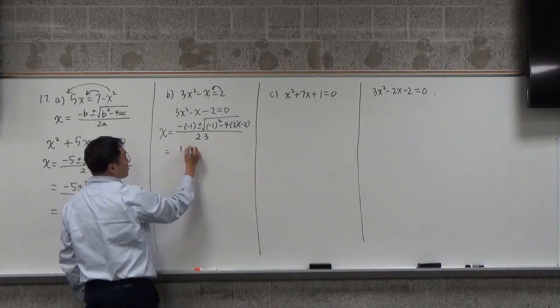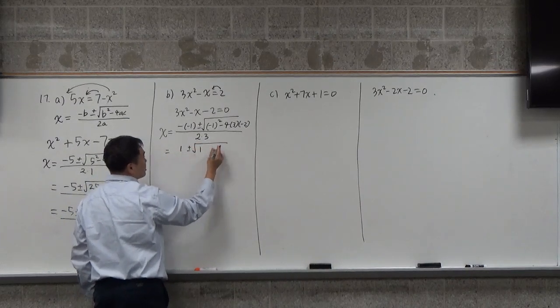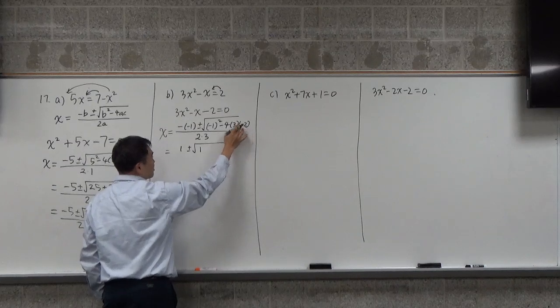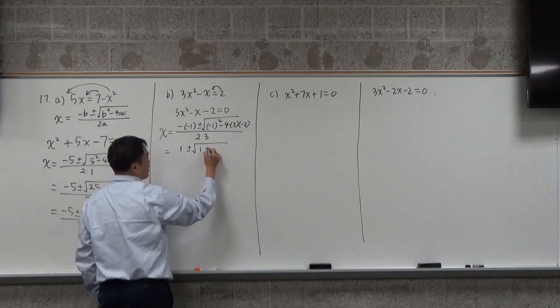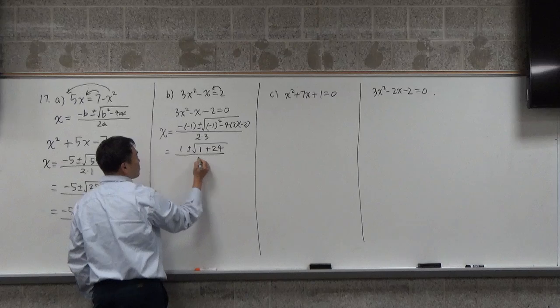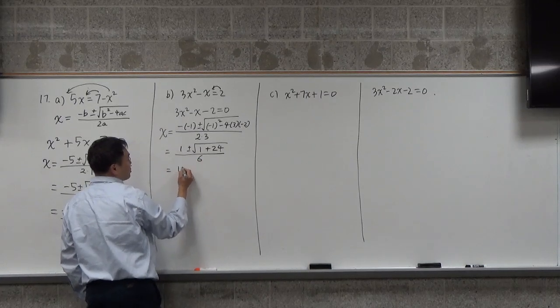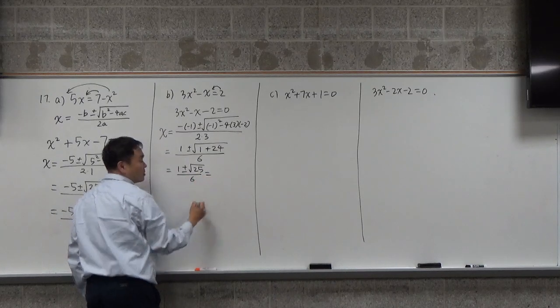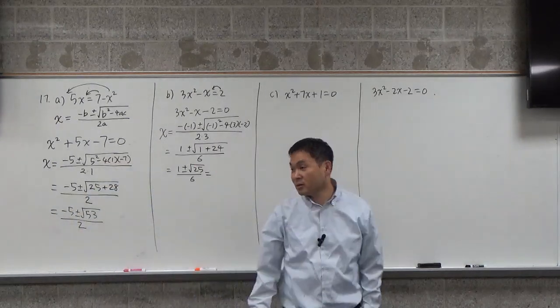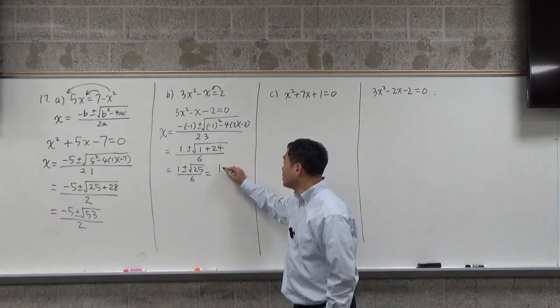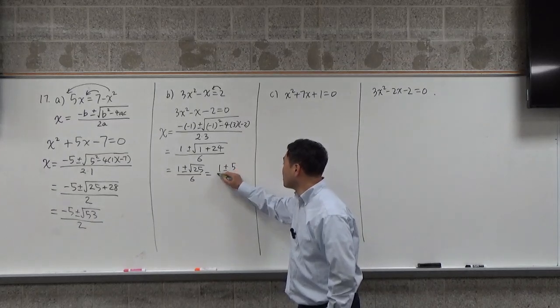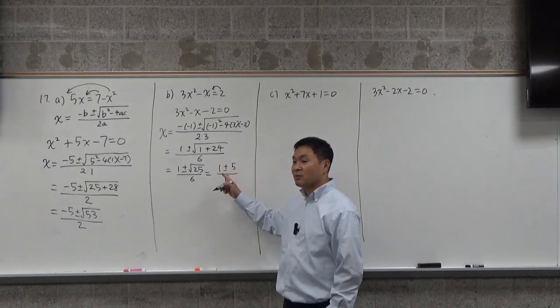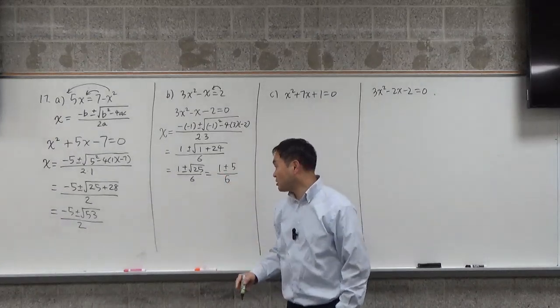That's going to be 1 plus or minus the square root of 1, minus times minus is plus, 4 times 3 times 2 will be 24, over 6. And you get 1 plus or minus the square root of 25 over 6. What is the square root of 25? 5. Therefore, you have to further simplify 1 plus 5 over 6 and 1 minus 5 over 6.